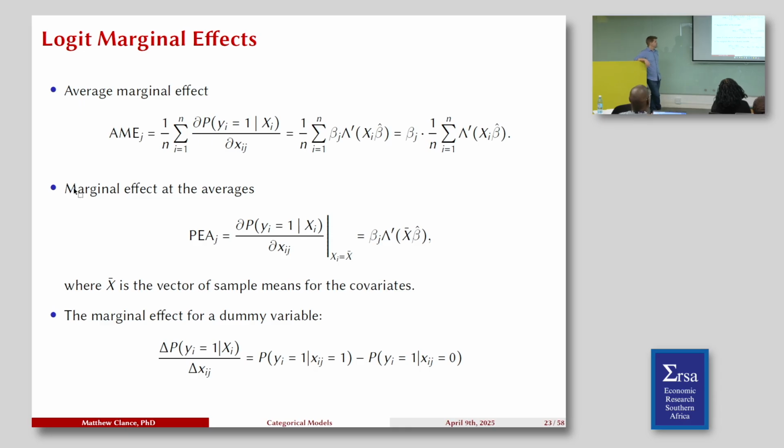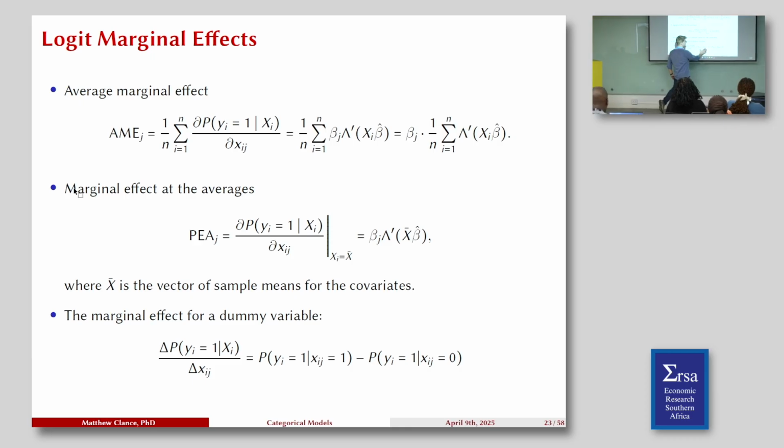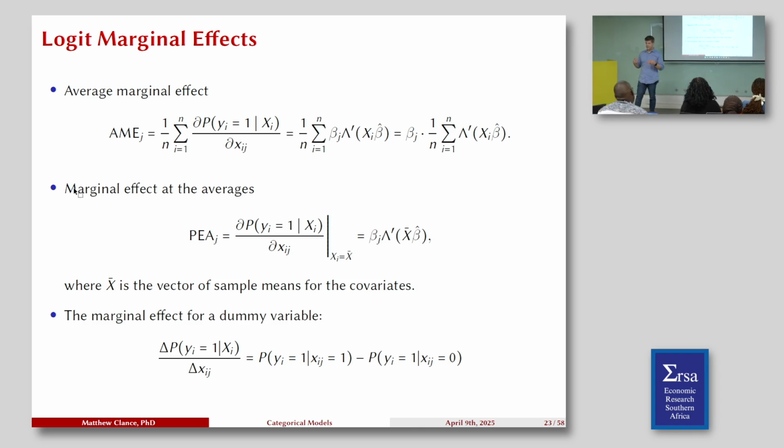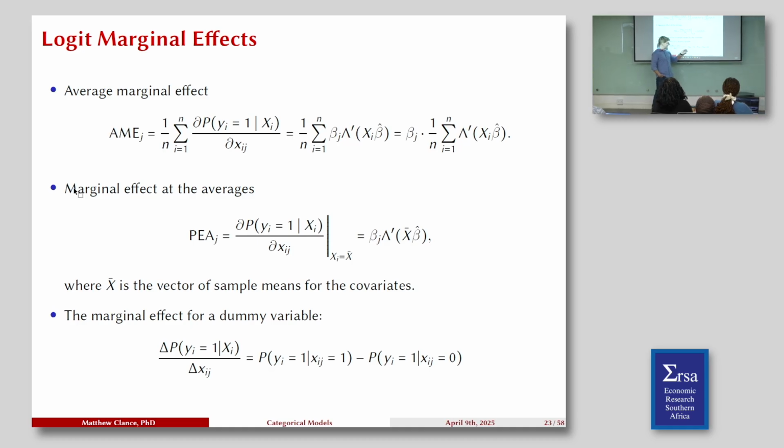What we'd have to do is calculate the CDF when the variable is at 1 versus when it's at 0. Once we have that, we take the difference, and that would be the marginal effect for a dummy variable. If it's the average marginal effect, we just have to, actually, sorry, what am I doing?